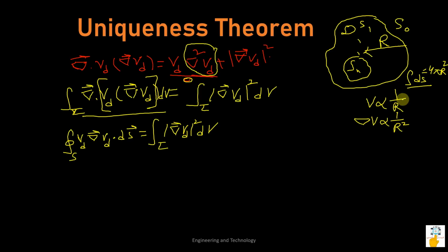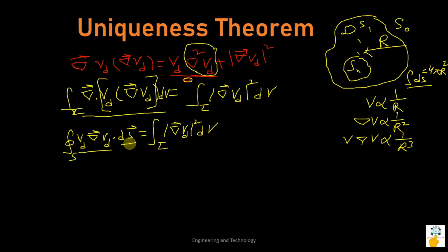So this term V del V will fall as 1 upon r cube.